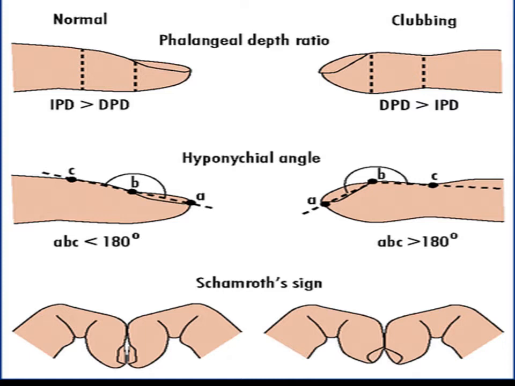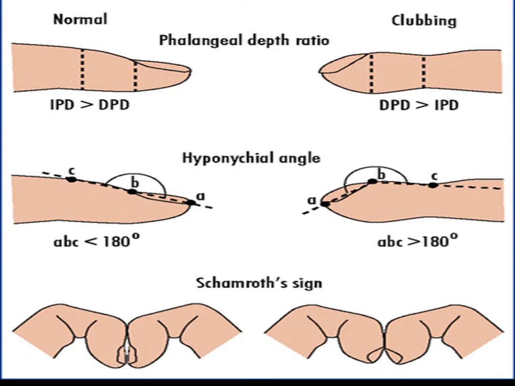If distal phalangeal diameter measured at the level of the base of the nail or Lovibond angle is more than the distal interphalangeal diameter, this confirms presence of clubbing.